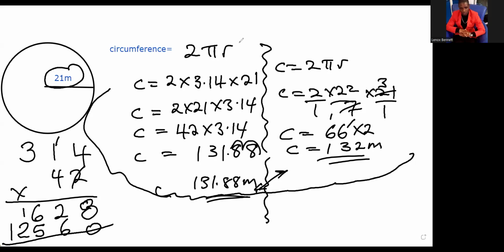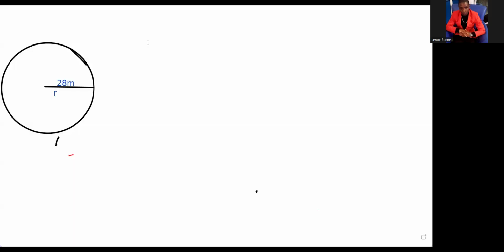Alright, I'm going to look at one more and then we're going to start the area as promised, alright? So first, I put 2 times 22 over 7 times 21.